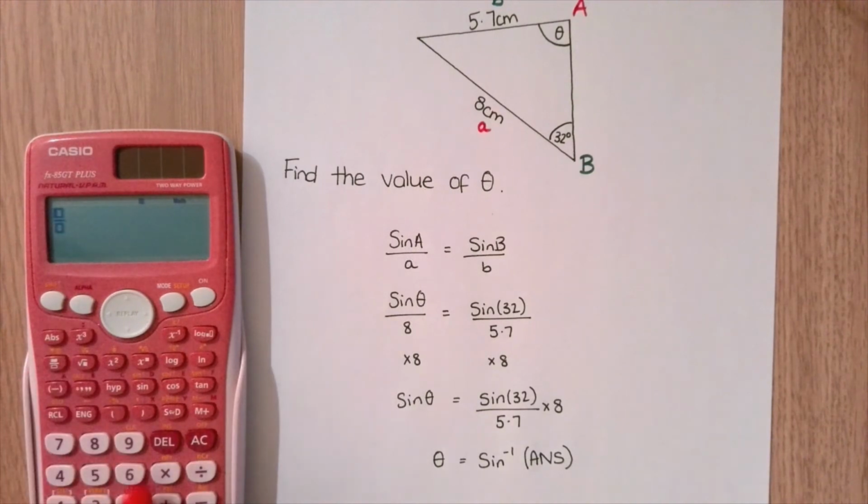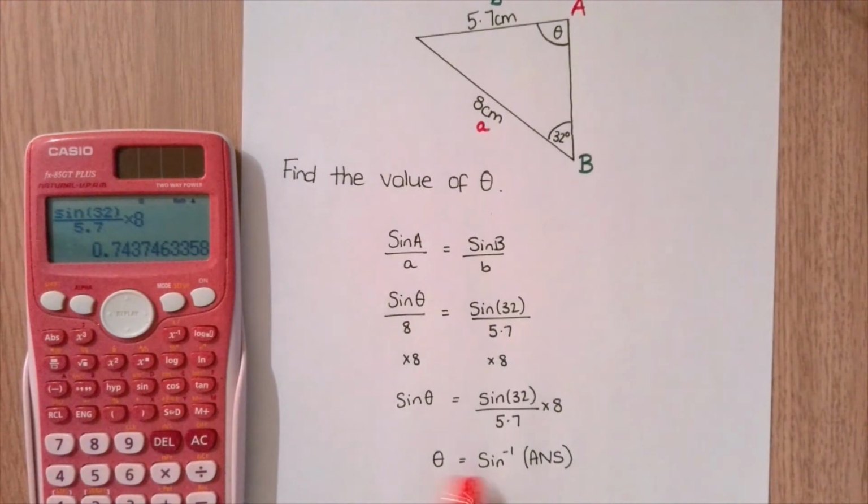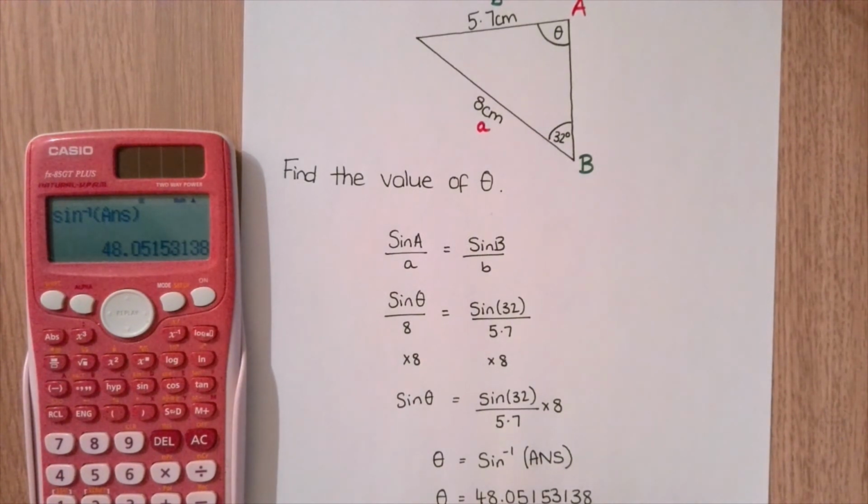So sine 32 over 5.7 multiplied by 8 gets me that answer there, which I now need to inverse sine, that answer that I've just typed into my calculator, to give me a value of 48.05153138. Theta equals 48.1 degrees to 3 significant figures.